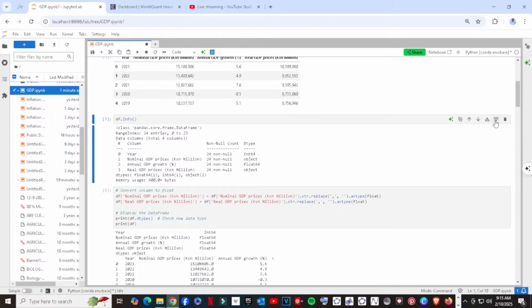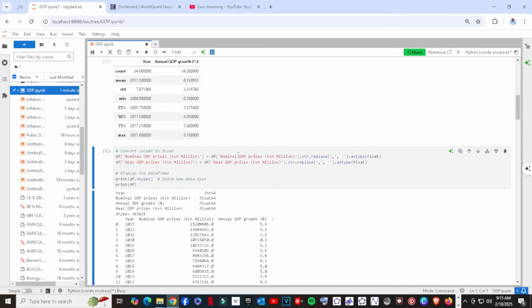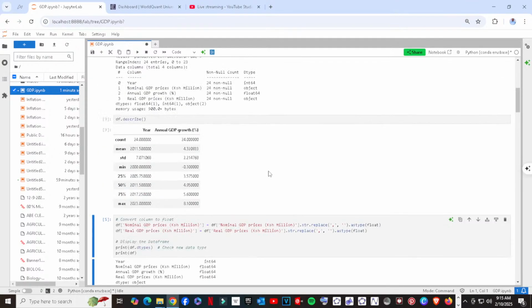So let's see. I want to get df.describe, the descriptive statistics of the data frame. Once I run df.describe, you see it only picks up the annual GDP growth, because that is the only column that shows a float.